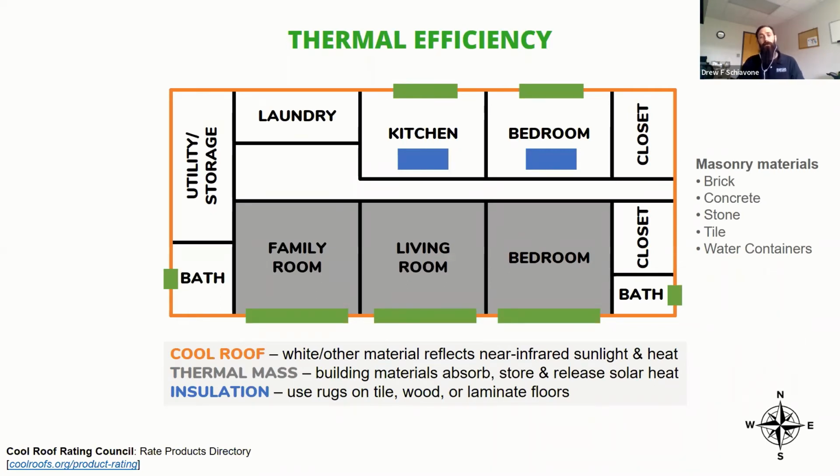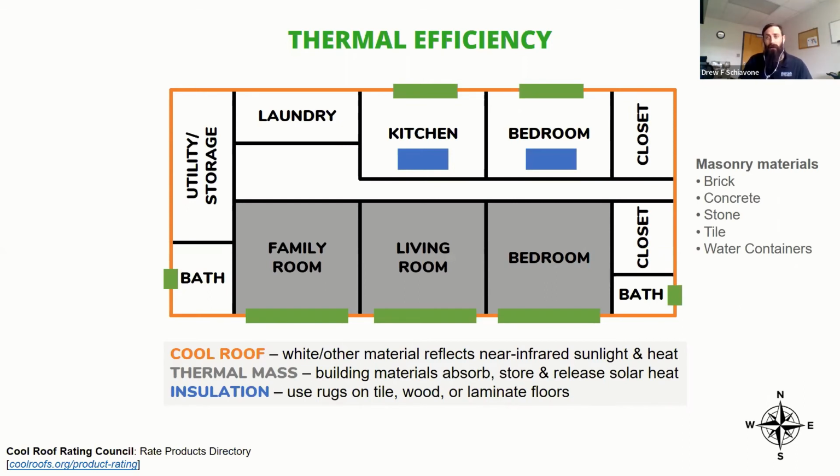You can also do what's called a cool roof. I don't think I shared any pictures of this, but a cool roof is just using a highly reflective paint or surface up on your roof to reflect light. It does not have to be white. There are darker options. But what a cool roof does is it reflects most of the sunlight. And so that benefits you in the summertime, reflecting that light off the house.